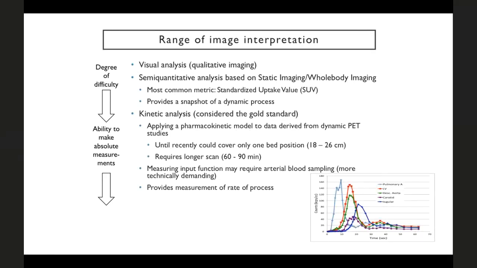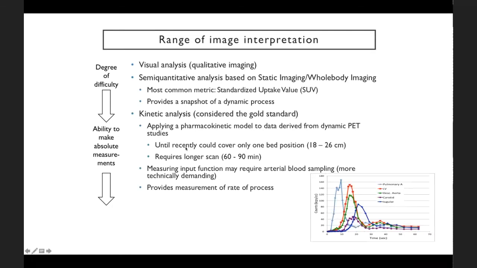But generally, you're applying that to a static view, which has been, at say, 60 minutes after injection for FDG. Now, in order to go to the next level of accuracy, you can do kinetic analysis, where you're applying a pharmacokinetic model to the data that you've derived from a series of dynamic scans.